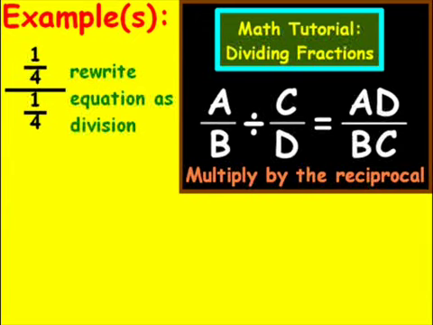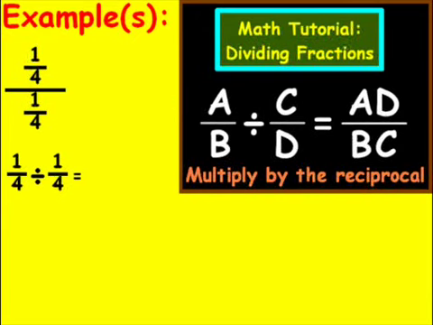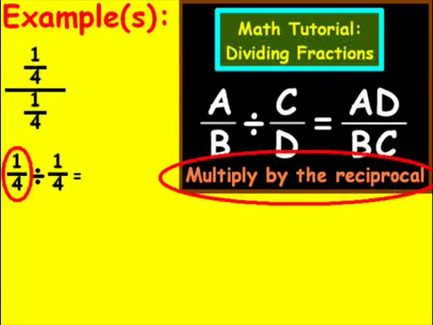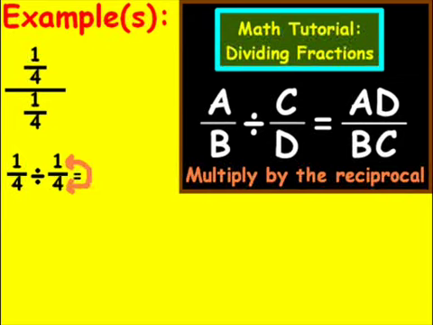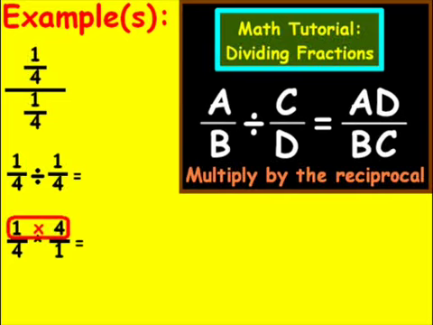So I have the fraction 1/4 divided by 1/4, and that equals, we've got to figure it out. So we're going to take that 1/4 and multiply it by the reciprocal of the other fraction. So I'm going to flip the 1 and the 4 around, and I'll rewrite that below here. I have 1/4 times 4 over 1.